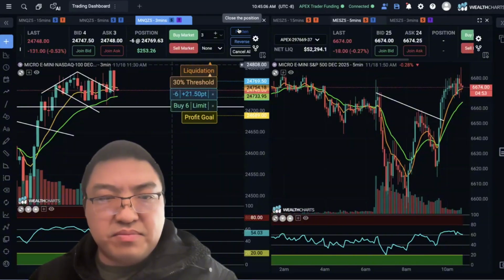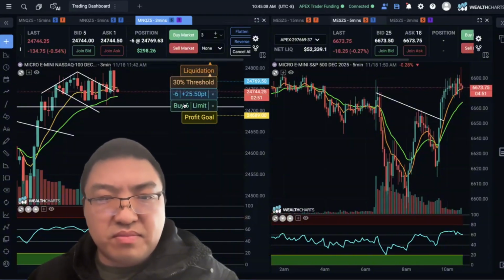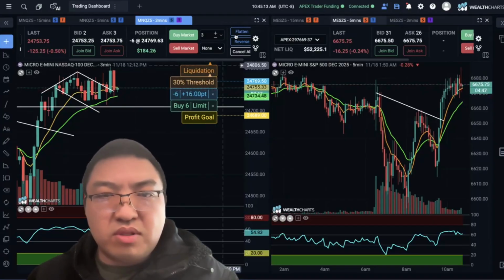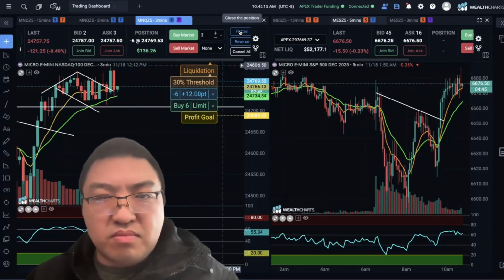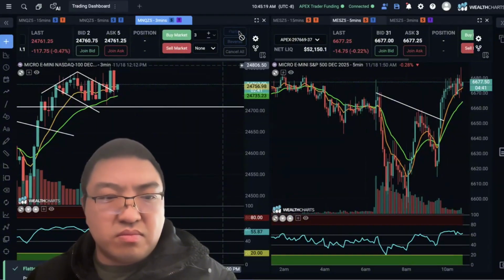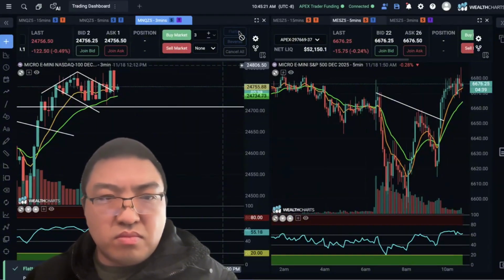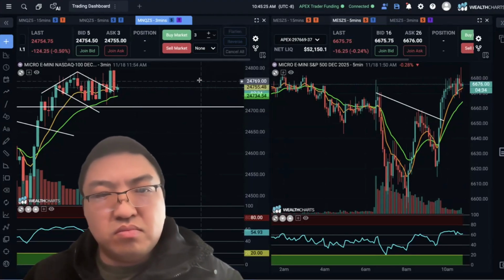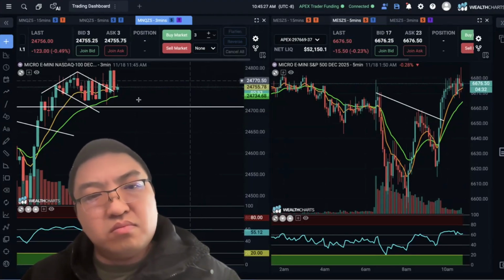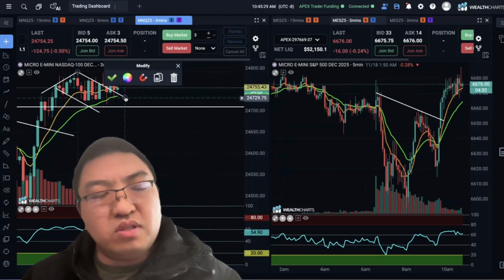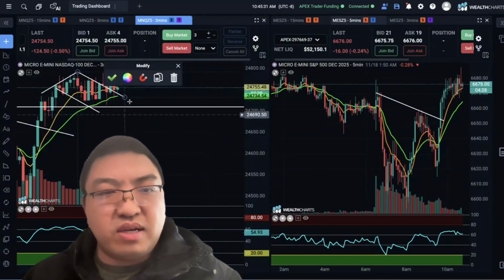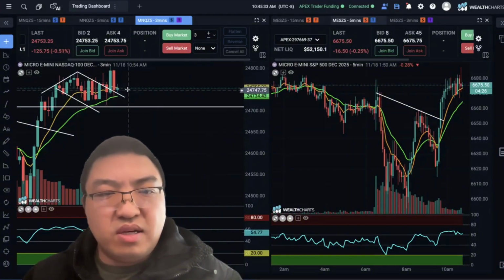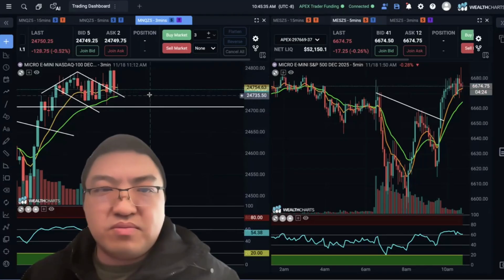Okay, keep going down. Keep going down. If you go up, I'll quit. See, this is like a breakout to this trend line and retest. And this is very dangerous.